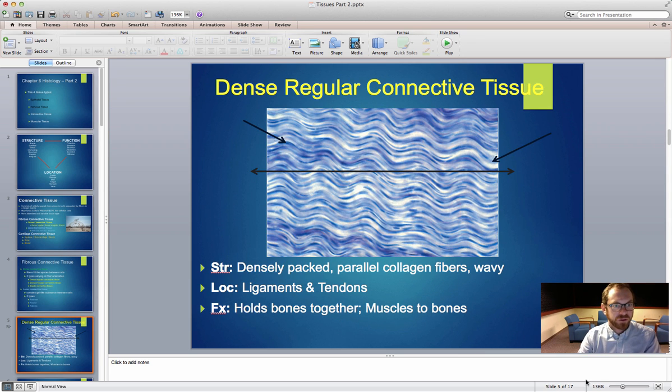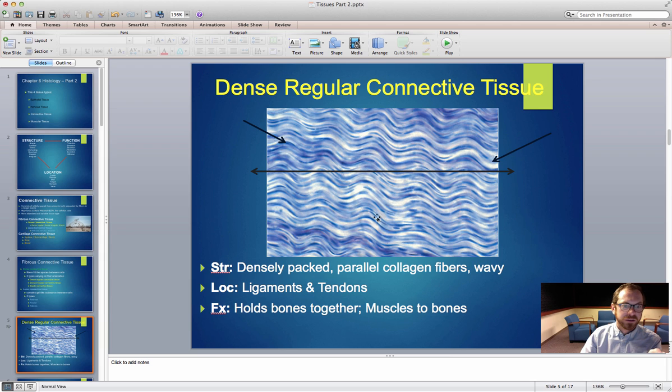Again, we have three types: reticular, areolar, and adipose. So let's start off with our first dense connective tissue, and this is dense regular connective tissue. Right off the bat, we can see that the fibers of this connective tissue are all running in a roughly linear plane, and they're all parallel to each other. The other thing we notice is that I don't see many cells here.